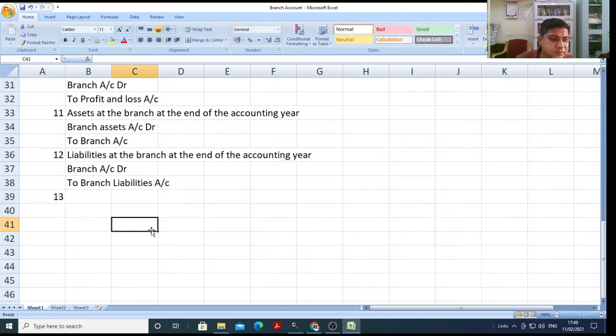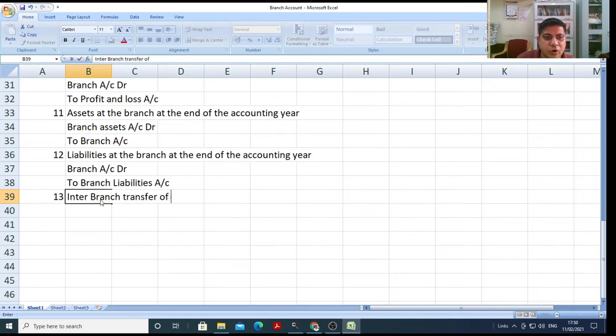Next is intra branch transfer, or we can say inter branch transfer of goods or cash or any assets.